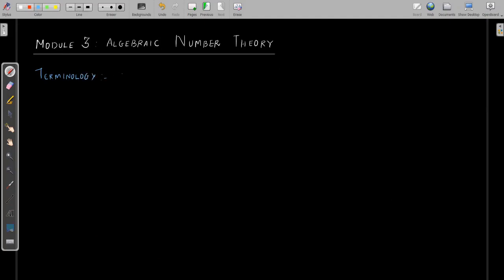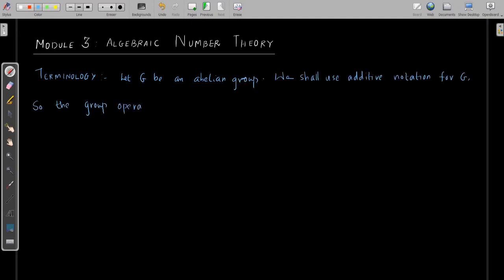You have to be familiar with some terminology in your textbook. If we consider a group G, let it be an abelian group, then we shall use additive notation for G. That is, the group operation will be denoted by the plus symbol, the identity element of the group is denoted by 0, and the inverse of an element g is denoted by minus g.